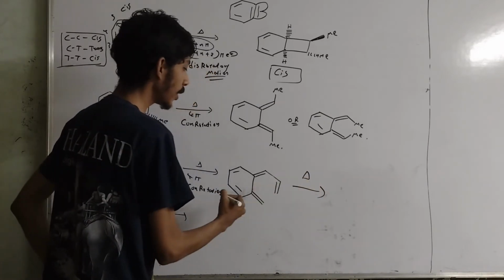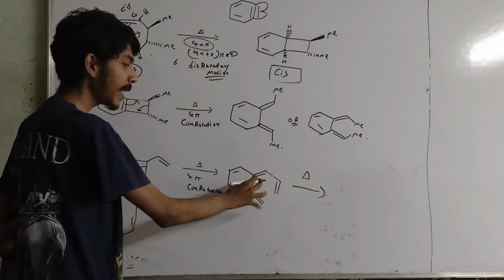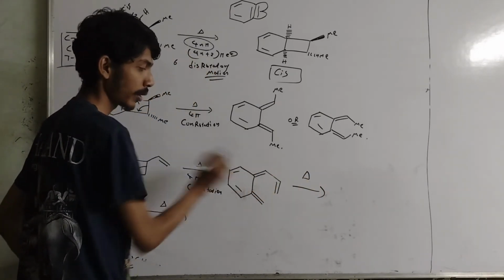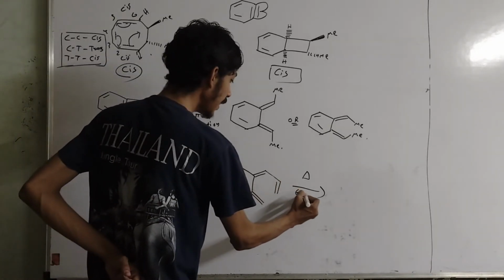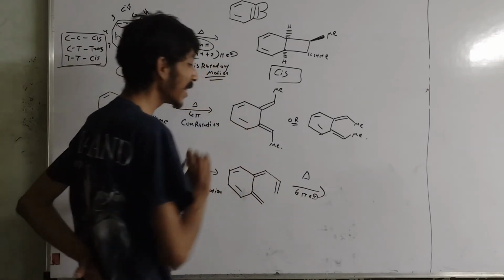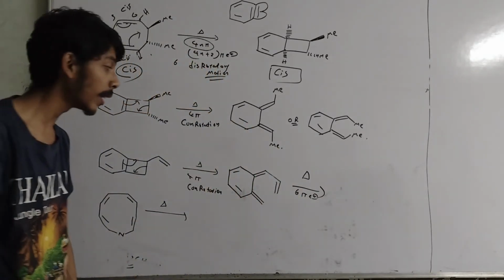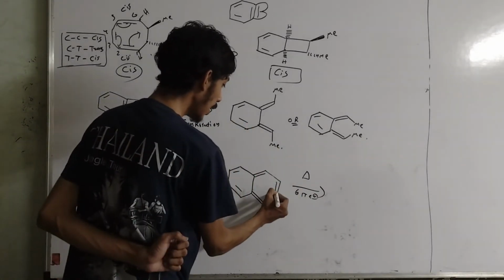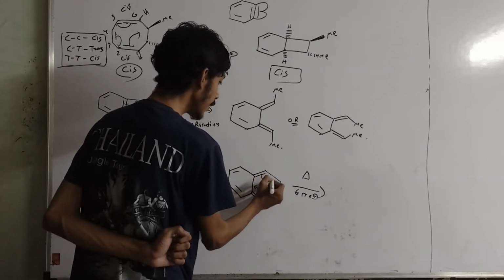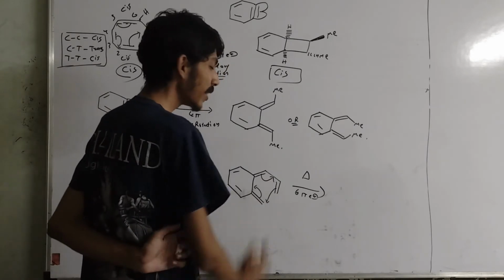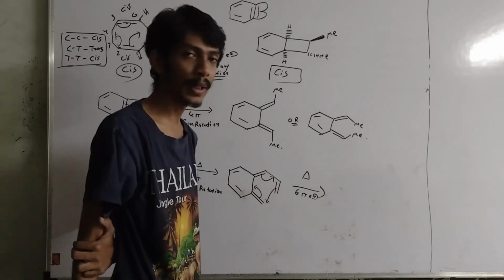In the heating condition, you can clearly see that there are three double bonds present. So here the 6 pi electrocyclic ring closing reaction will occur. This bond goes like this, and this bond goes like this, and this bond goes like this. So a 6-member ring will form.